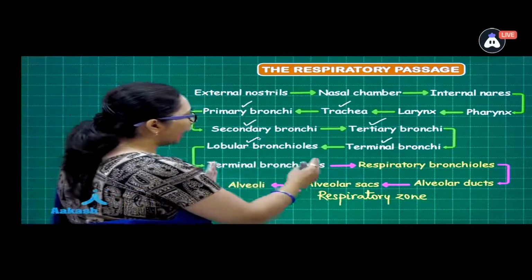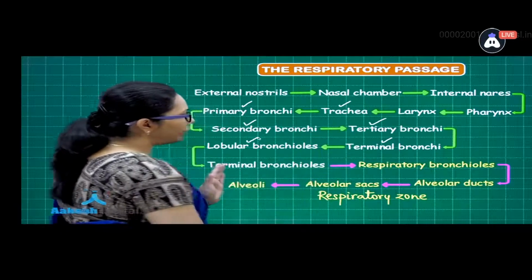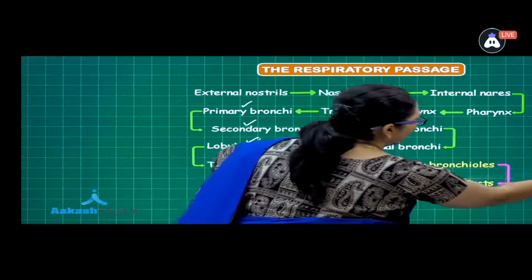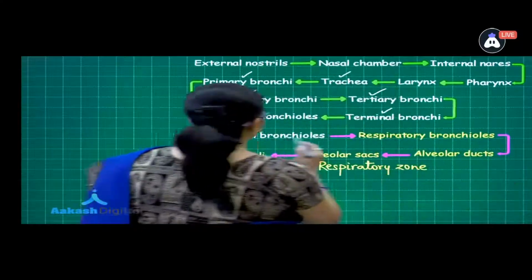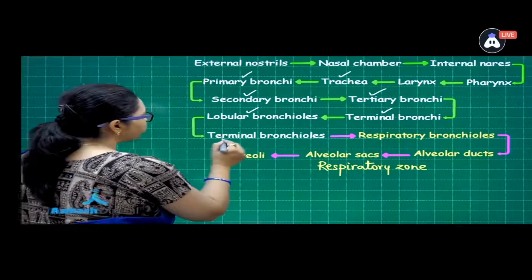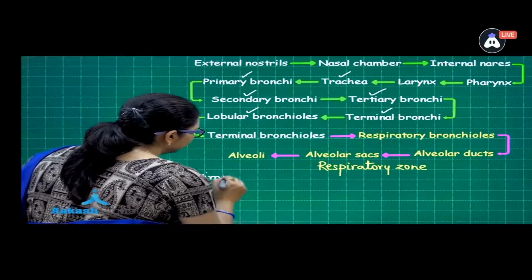So usually the junction where the conducting zone is opening into the respiratory zone becomes an important part of the question. So that one can remember. So terminal bronchioles, if you get a question, they are lined by simple cuboidal epithelium.